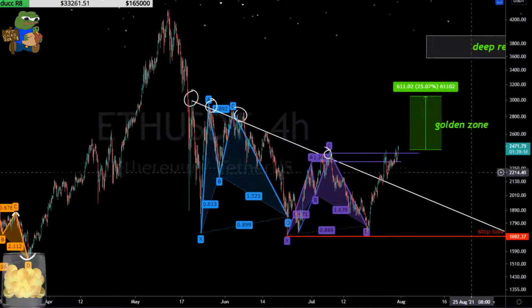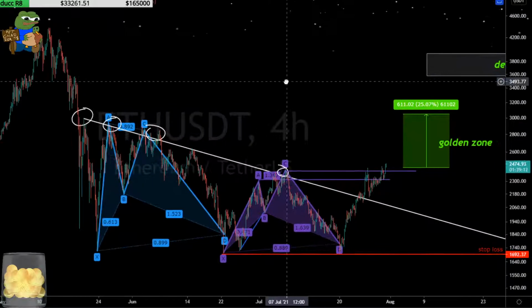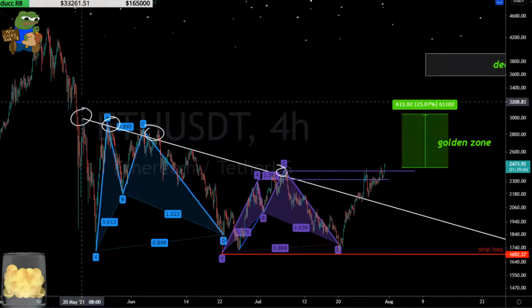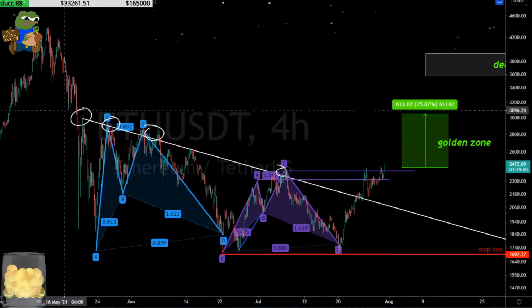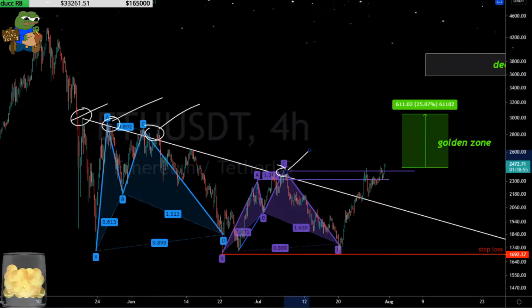ETH. Okay, so Ethereum. We've been watching this downsloping trend line for quite some time. We've had four significant touch points.